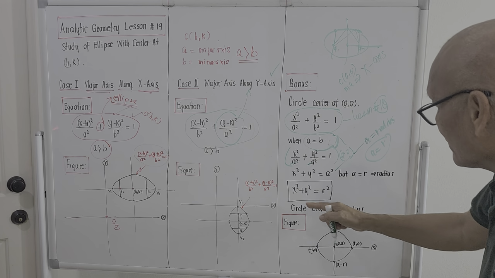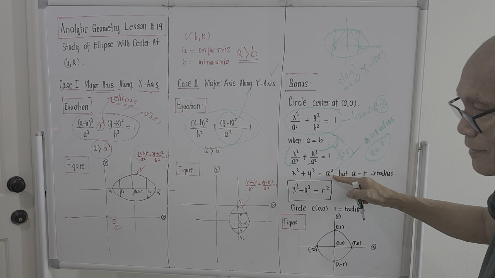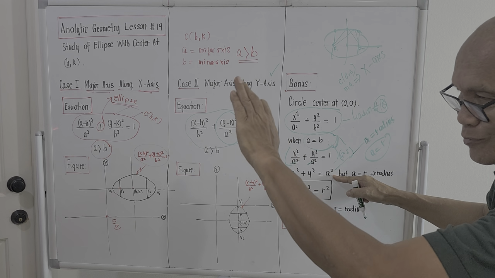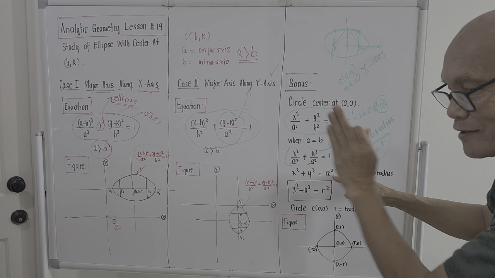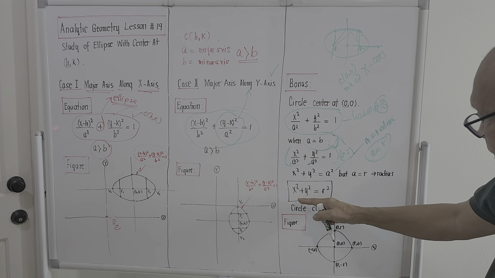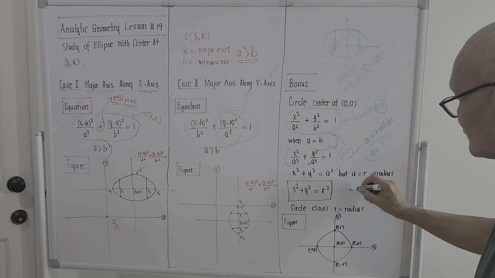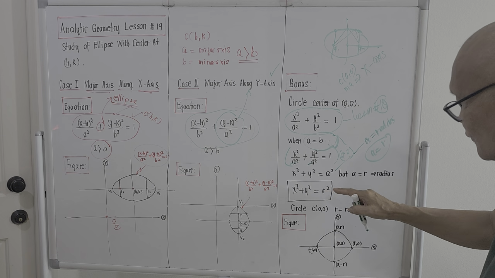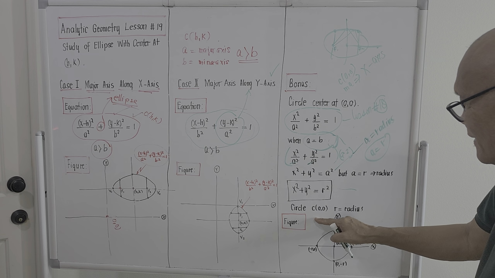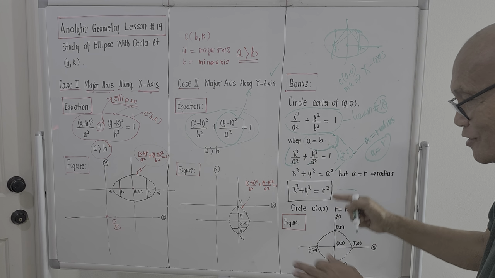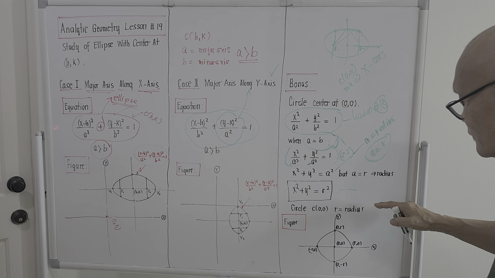So it will become x squared plus y squared. Instead of a, because a refers to the ellipse, for it to be a circle now, we replace that a by r. So it will become x squared plus y squared equal to r squared. And this is an equation of a circle with center at 0, 0, and its dimension all around is r, the radius.